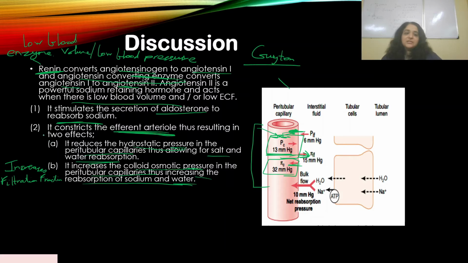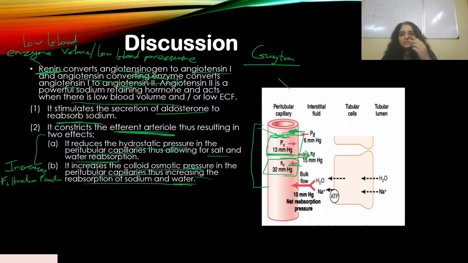So these are the two ways by which angiotensin 2 acts. Once the efferent arteriole is constricted, these two things happen. First, hydrostatic pressure decreases. We have also seen that it stimulates the secretion of aldosterone. On top of that, hydrostatic pressure decreases and the blood colloid osmotic pressure increases by increasing the filtration fraction.